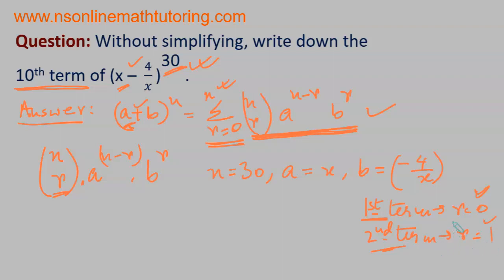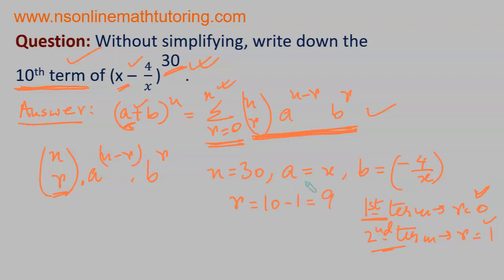So this thing you have to remember, this is very important. R value is always 1 less than the given term number. Since the given term number is 10, because it is the 10th term, the r value will be 10 minus 1, which is equal to 9.